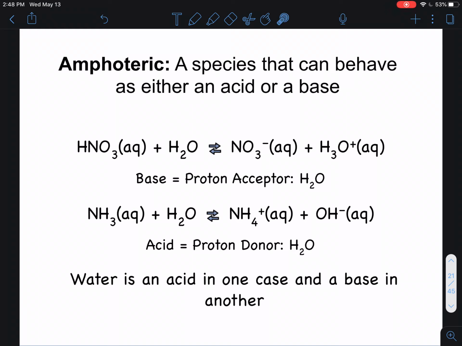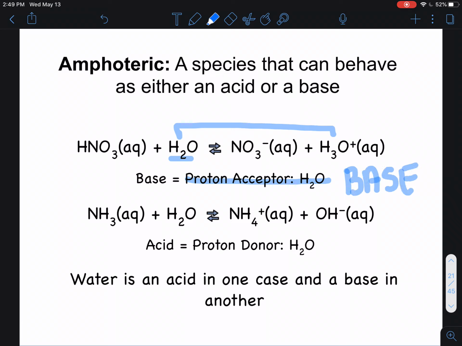So this is what this means, amphoteric. All right, so a species that can behave as either an acid or a base, and that would be water. And again, here in this example, water started off as water and it ended up as H3O+, so it acted as a proton acceptor. A proton acceptor is a base.